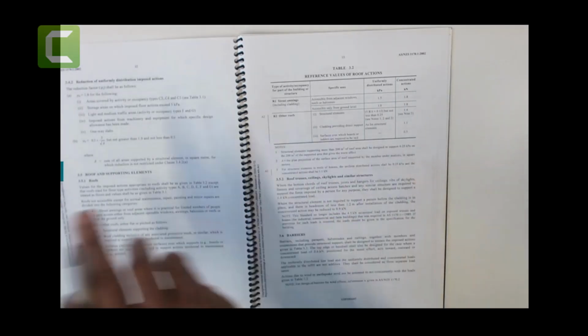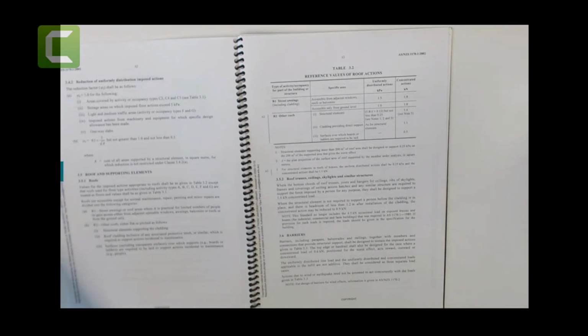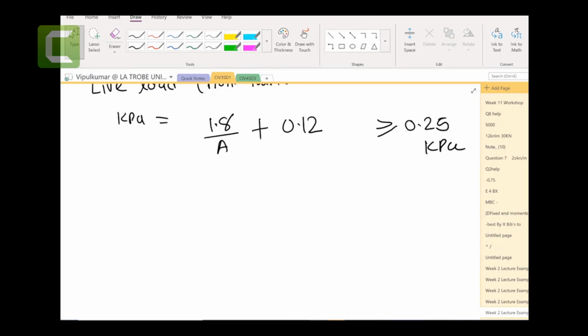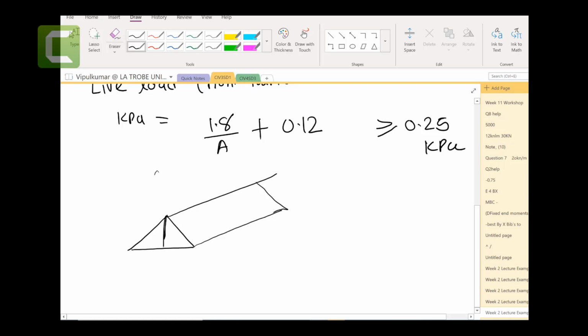The plan projection area is like, let's say you have this kind of roof. Let's say plan projection area means, take this half triangle.